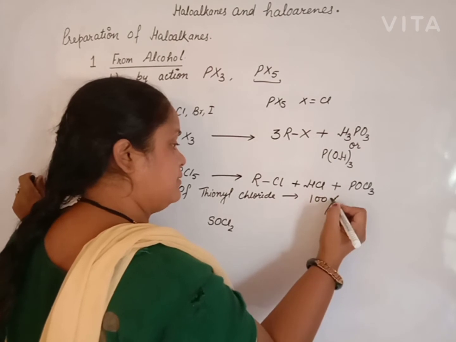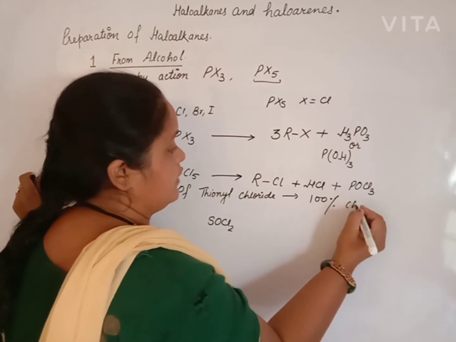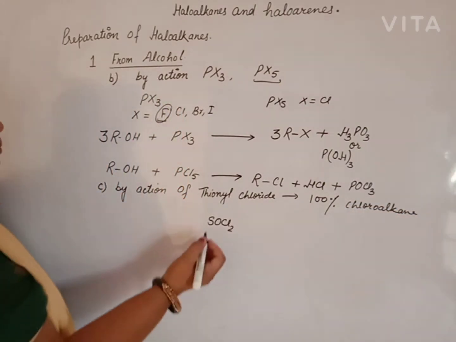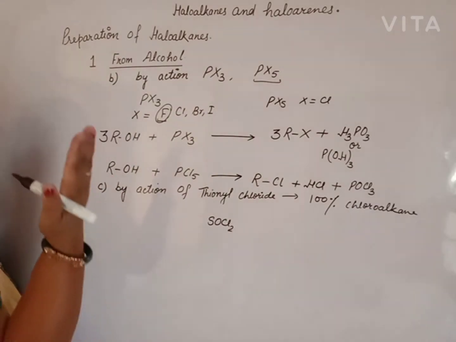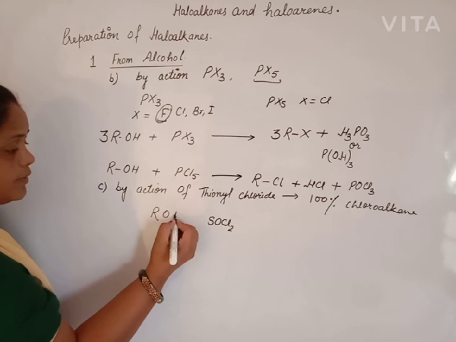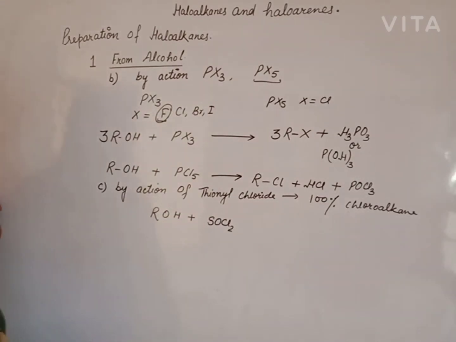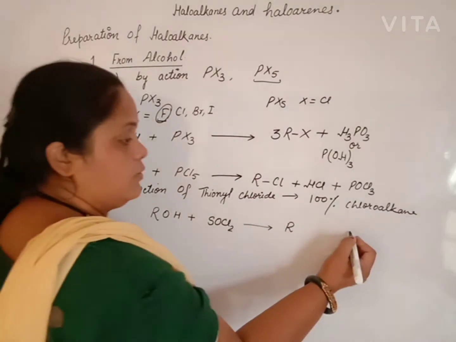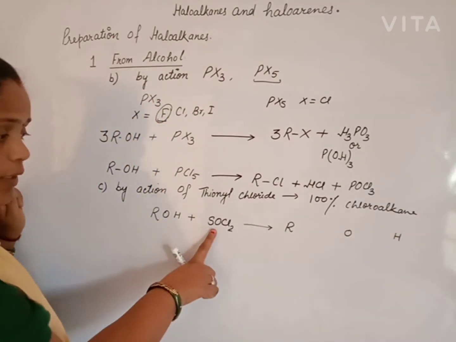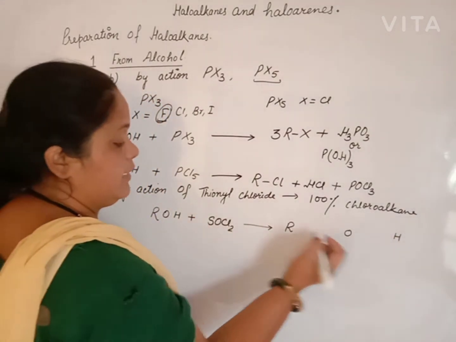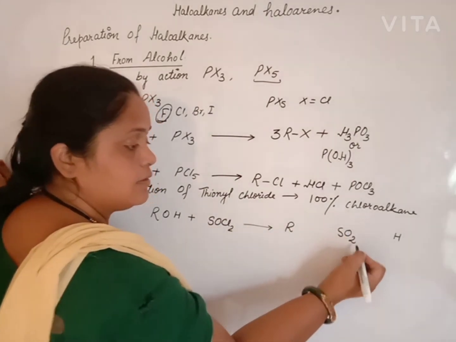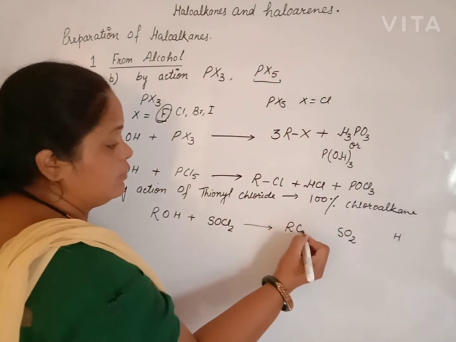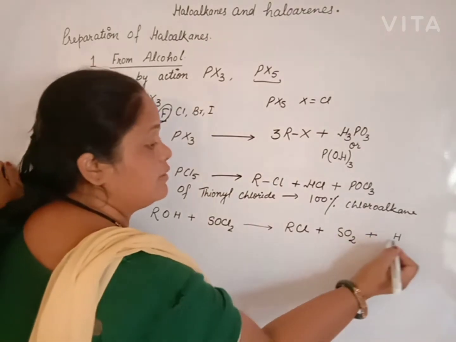We get 100% pure chloroalkane. How? Because side products are gases, so they escape into the environment. When alcohol ROH reacts with thionyl chloride, the SO combines with oxygen to give SO2, and 1 chlorine goes with the alkyl group and 1 chlorine with hydrogen.